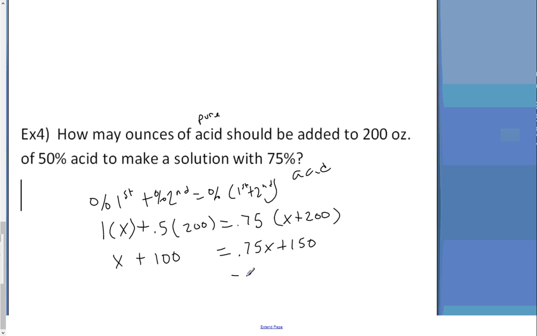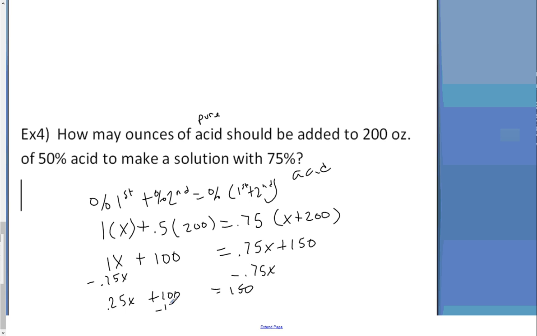I'm going to subtract 0.75x from both sides. Really, I should be saying adding a negative 0.75x to both sides. So I'm going to add a negative 0.75x to this side too. If I have 1x minus 0.75x, I have 0.25x plus 100 equals 150.